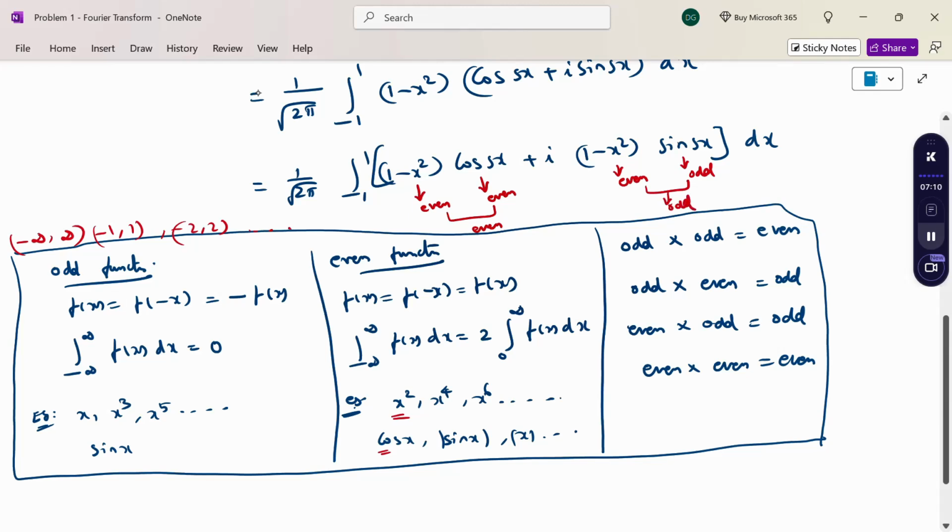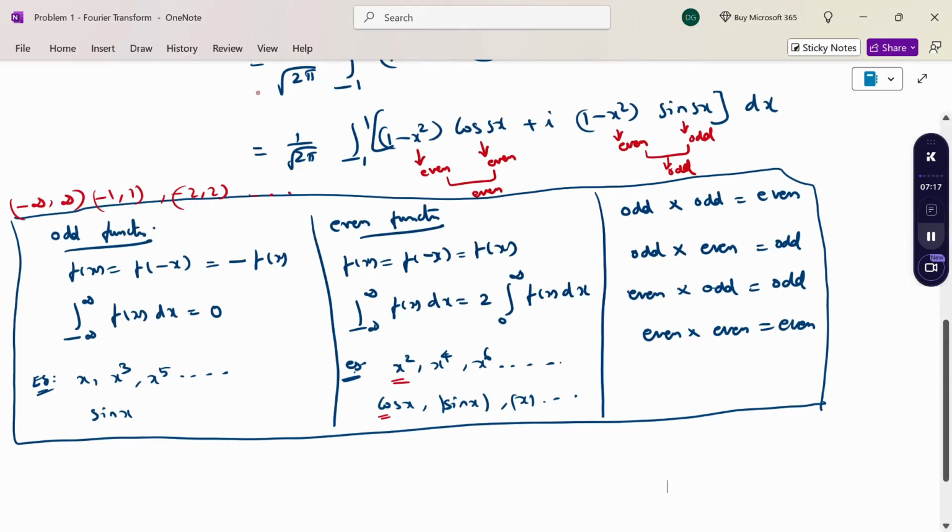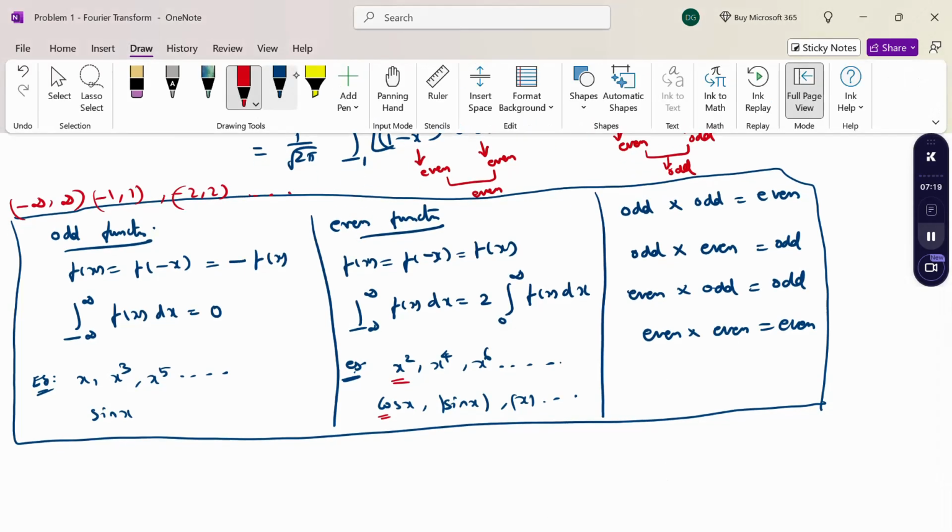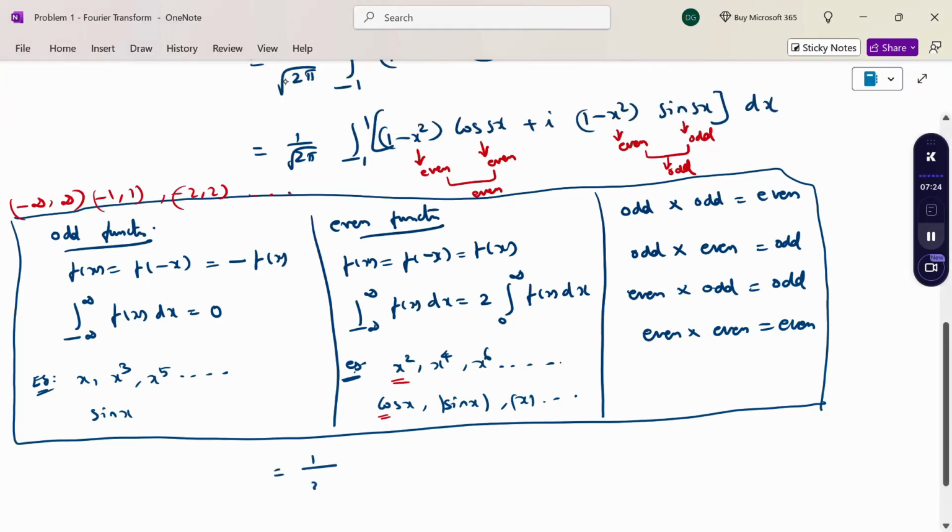So for the even function, the full range term is nothing but, how to write the full range? We just write the form of f of x, 1 by 2 pi square root of this, minus 1 to 1. The first term is an even function, the other term an odd function.